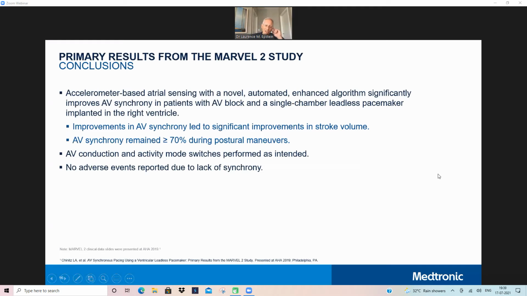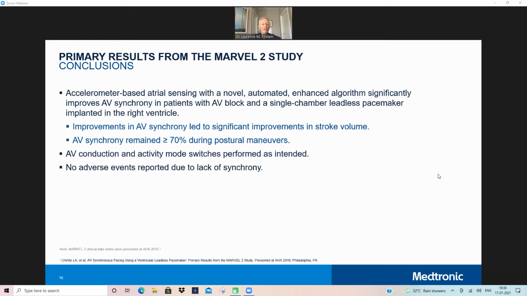So the conclusions of the study were that accelerometer-based atrial sensing with this novel algorithm greatly enhanced AV synchrony in patients with AV block over a single chamber pacemaker. It led to significant improvements in stroke volume, and AV synchrony remained greater than 70% despite moving the patients around in multiple positions.